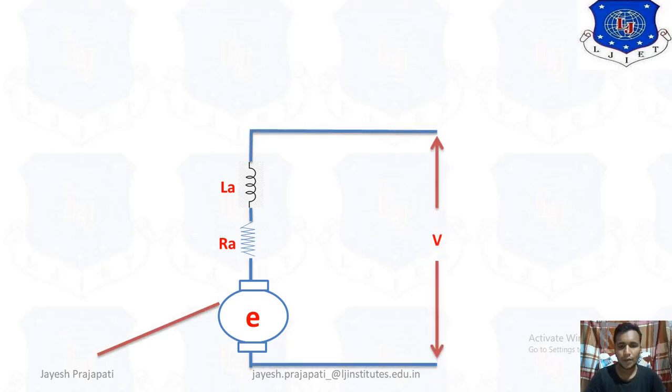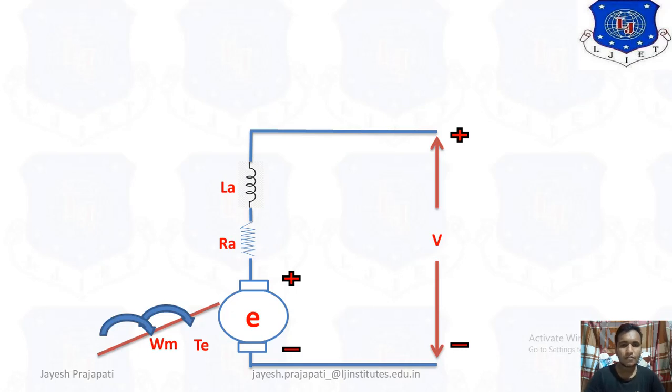Before we start this block diagram of DC machine, we have to discuss some important points related to it. First, the equivalent circuit of DC machine. We know that a DC machine equivalent circuit has an armature, armature winding resistance, and armature inductance, and these are connected to the DC supply. On the shaft of the armature there is an air gap torque Te and the angular speed omega m.